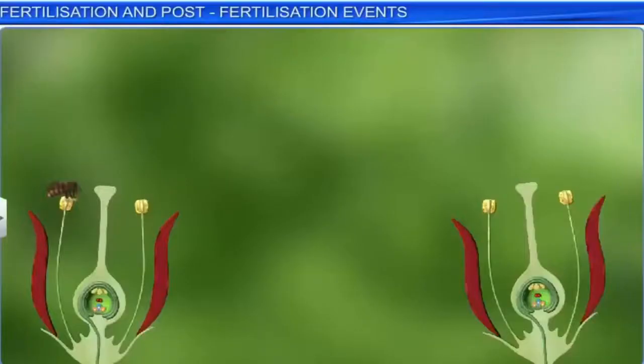In flowering plants, pollination is an important mechanism that aids in transferring the pollen released from the anther to the stigma of the flower.